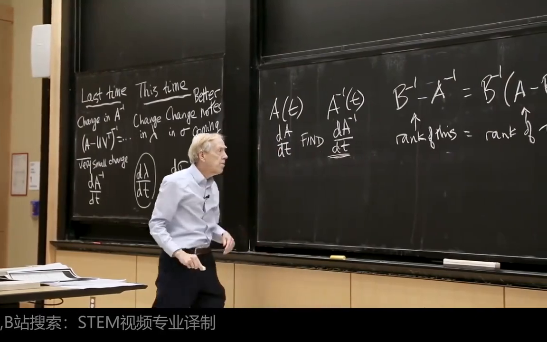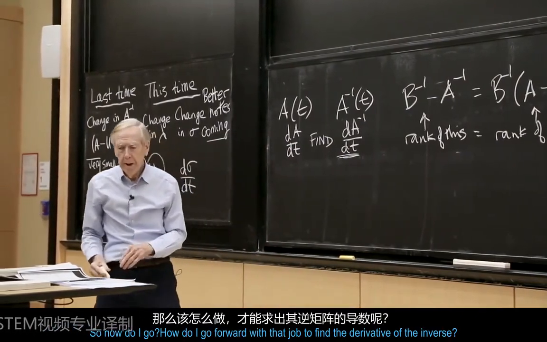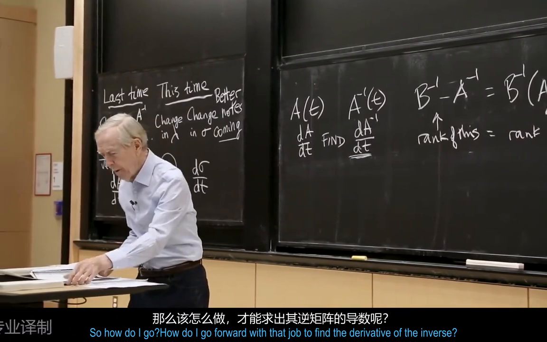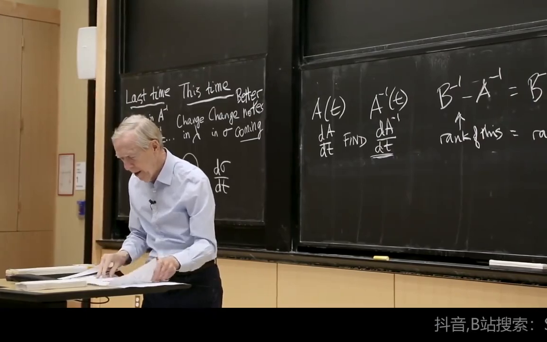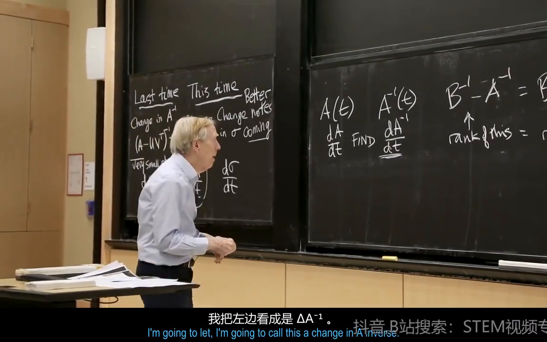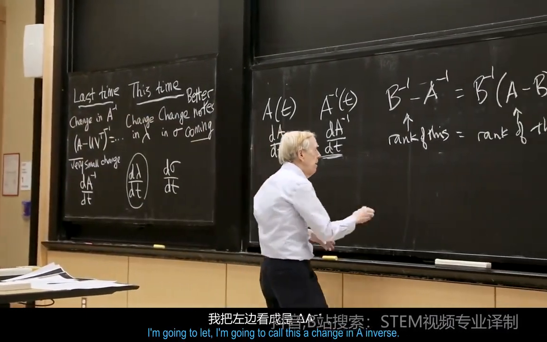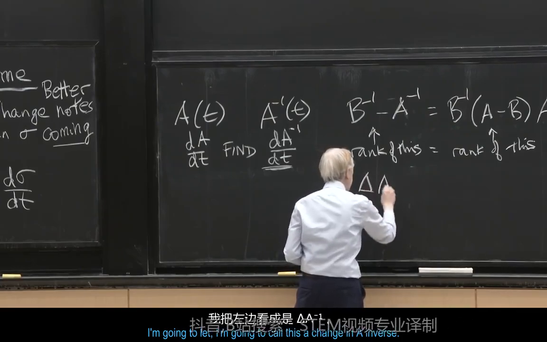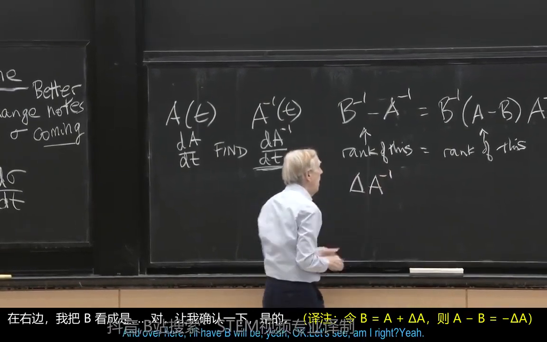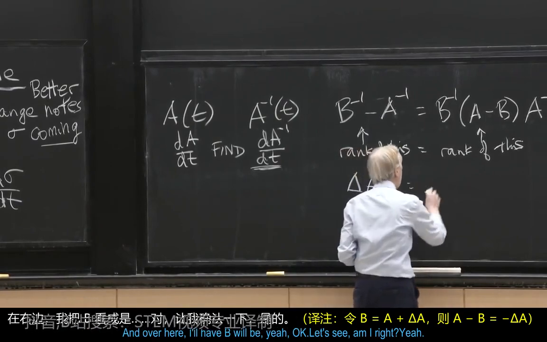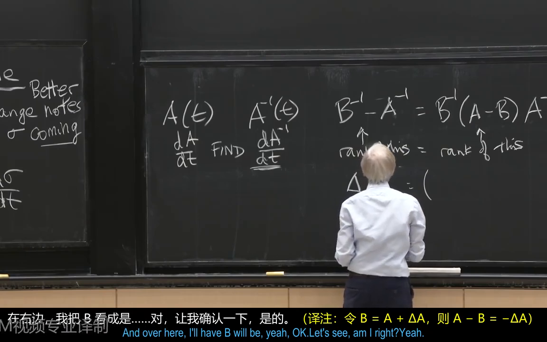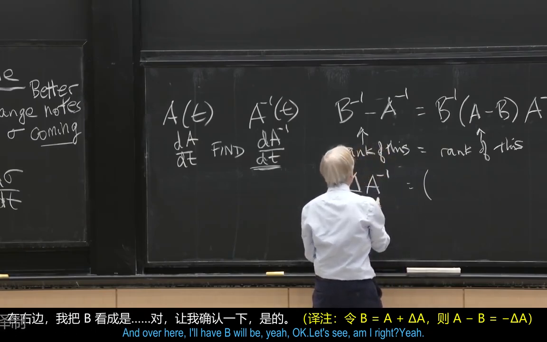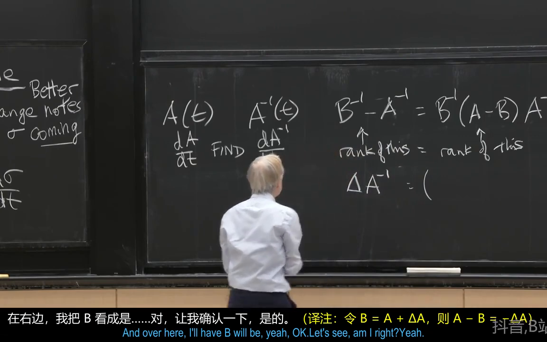Okay. So how do I go forward with that job to find the derivative of the inverse? Well, I'm going to call this a change in A inverse. And over here, I'll have B. Let's see, am I right?